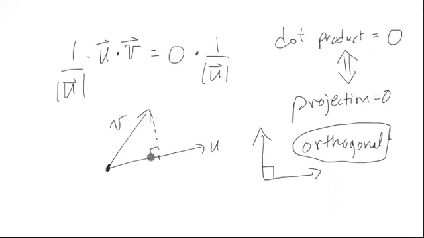Well, since we made a right triangle and we know what this length is, using a dot product with rescaling U to a unit length, this would be V dot product with U over the absolute value of U. And if you were to take the length of V, we have a little triangle, and we can use the fact that the cosine of the angle is equal to adjacent over hypotenuse in order to find the angle. So that's also a very nice use of the dot product between two different vectors.